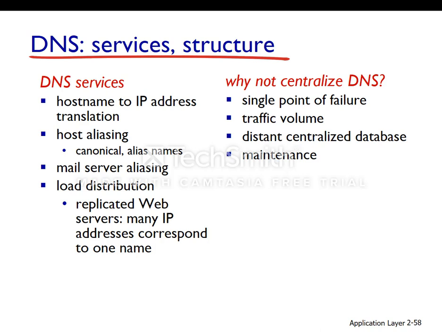And then there's also the problem of maintenance of that centralized database. In fact, in the early days of the internet, we just had a central file that everyone had to go to called host.txt, and that was a single point of failure. Anyway, the long answer why we don't centralize DNS is that it just doesn't scale.